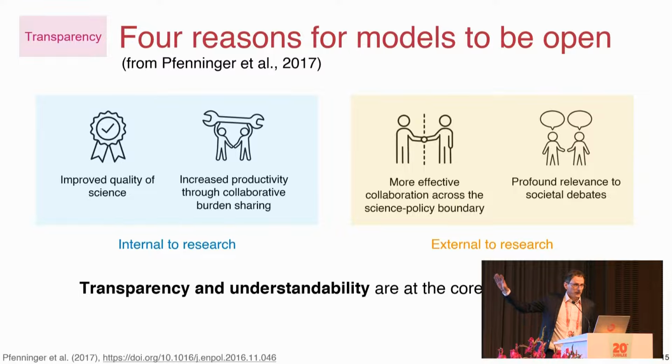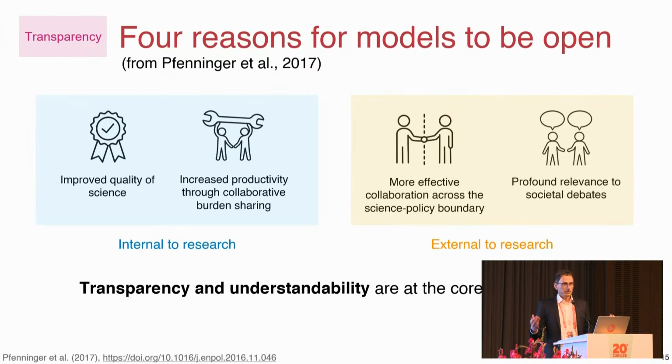If I think about the reasons here, I've classified them now, not back then, but I've added this now. 2 reasons in blue, internal to research. 2 reasons more external to research. So this collaboration across the science policy boundary, the fact that these models are relevant to societal debates. I think those are the ones that are particularly important in the next 25 years.